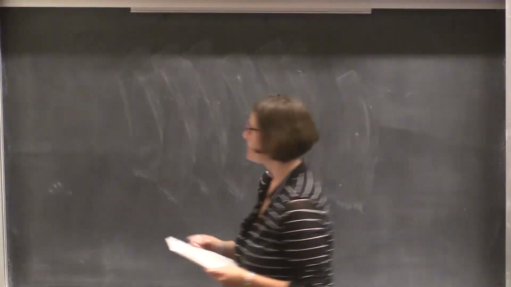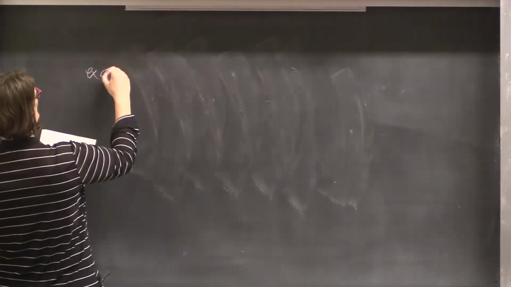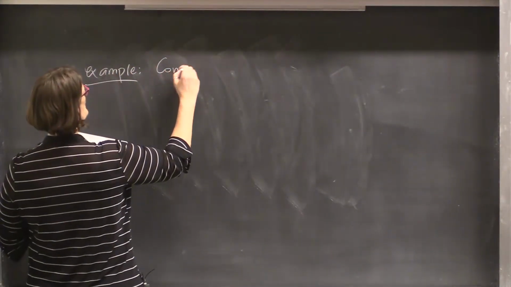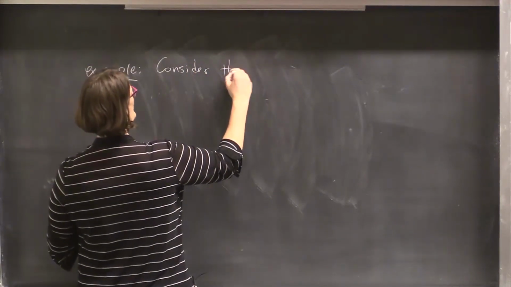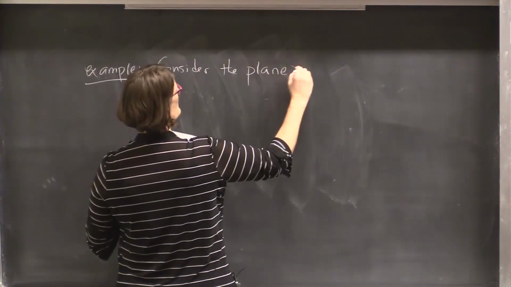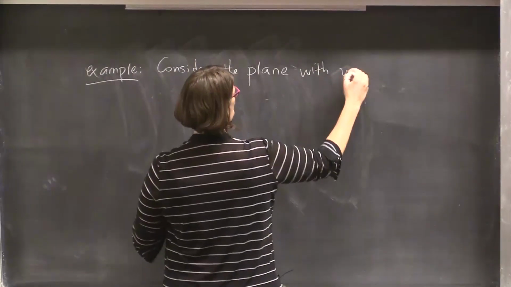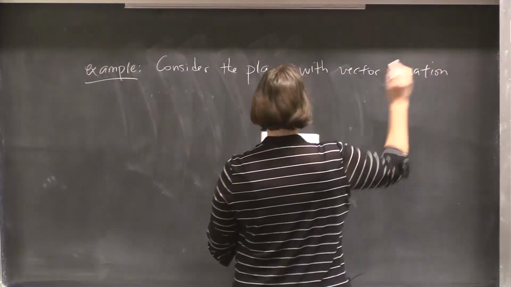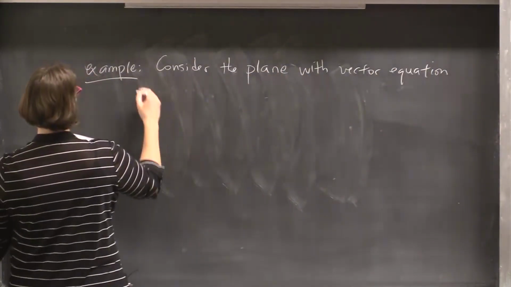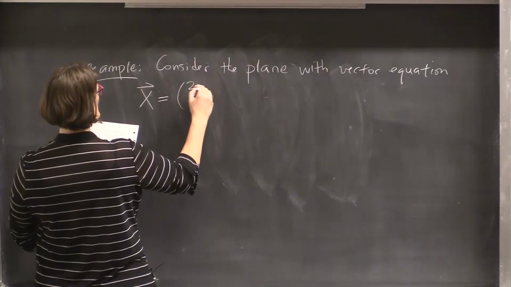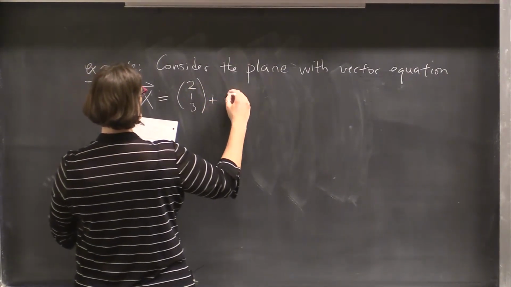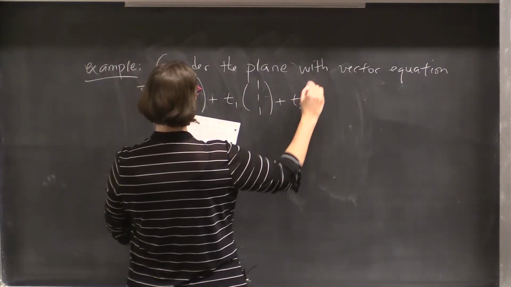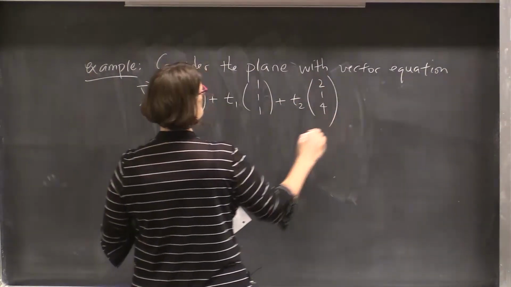So let's start with an example. Consider the plane with vector equation x is equal to 2, 1, 3 plus all linear combinations of the vector 1, 1, 1 and the vector 2, 1, 4.